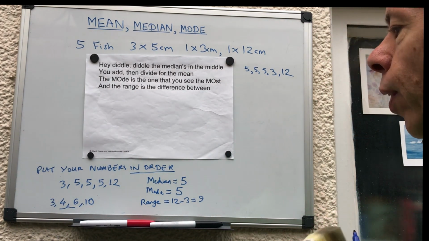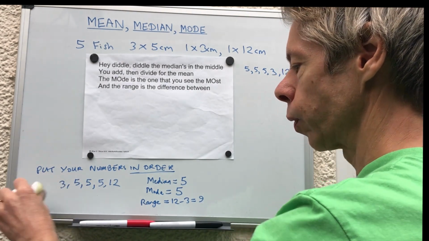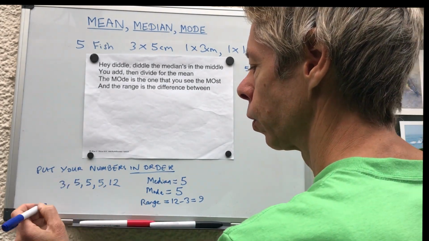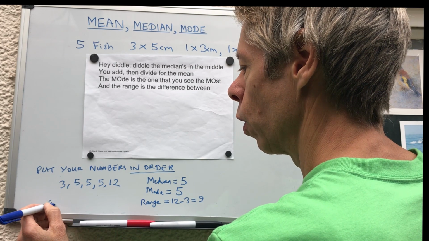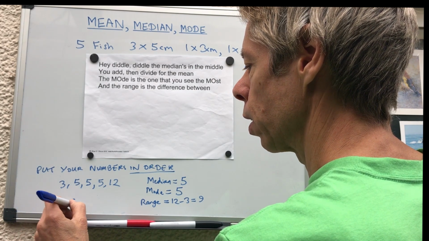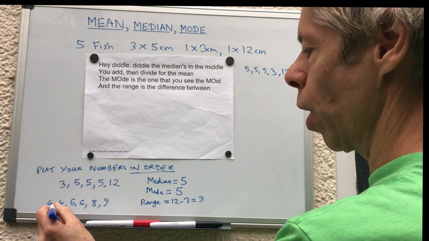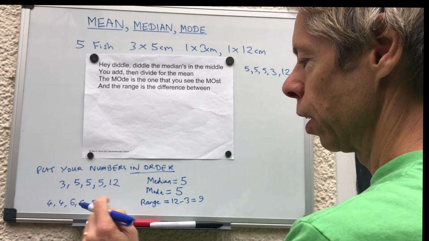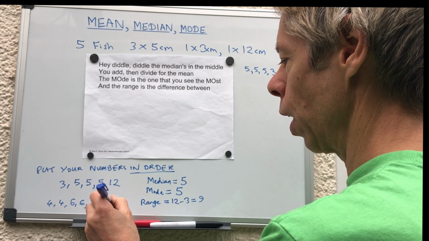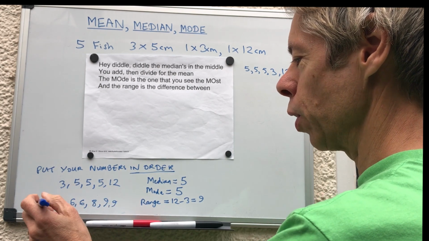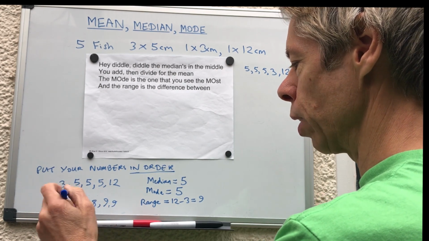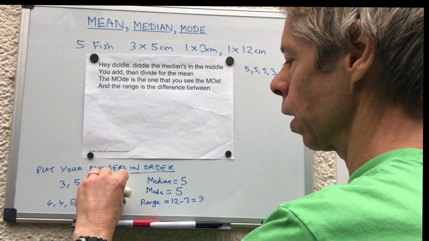Another thing with the mode, if you had, say, 4, 4, 6, 6, 8, 9, you could say the mode is 4 and 6. If you had a double 9 as well, you would just say there isn't a mode because no number is more popular than any others.